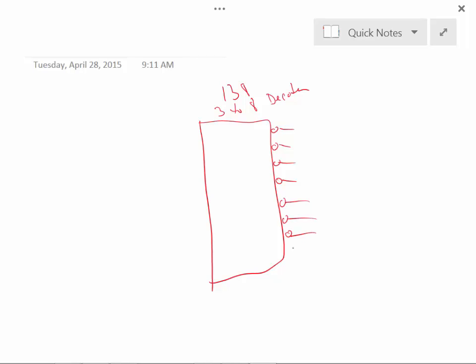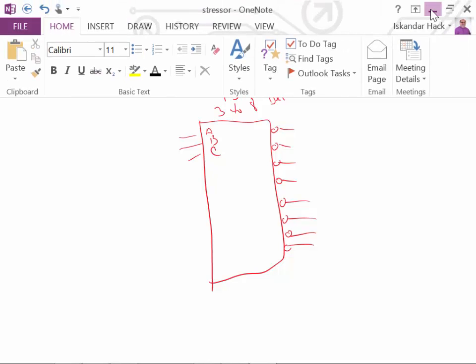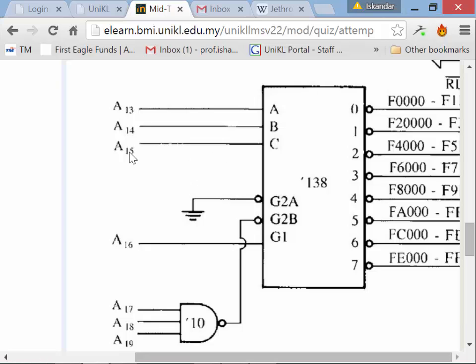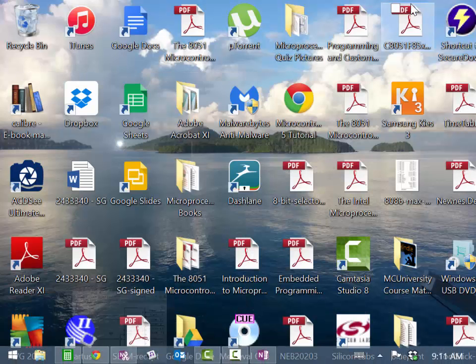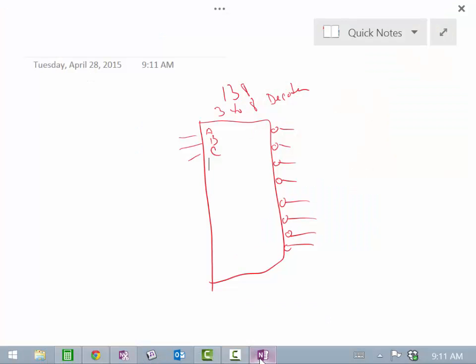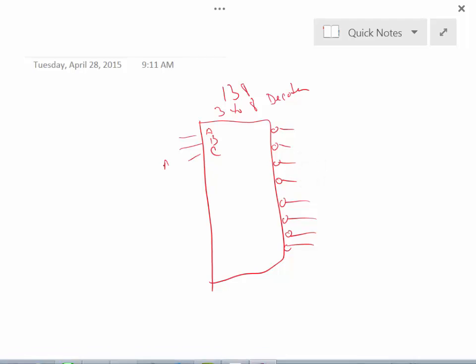Now, these outputs are going to, and we have 3 inputs, A, B, and C. Now, depending on how this is hooked up, all right, this is hooked up with A15 being the most significant. C is the most significant. So this is A15, this is A14, and A13. Is that right? All right.